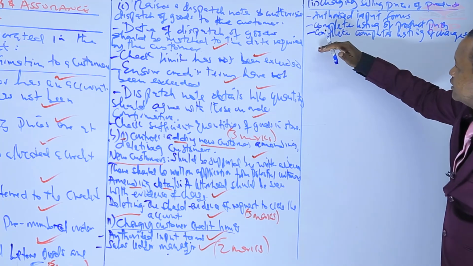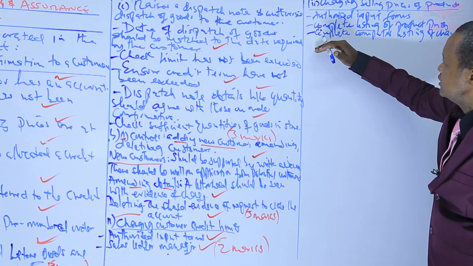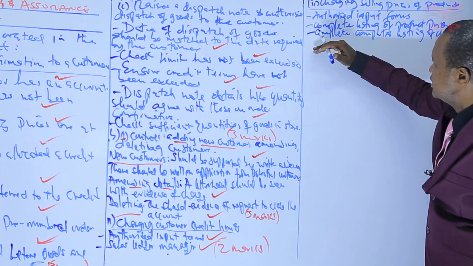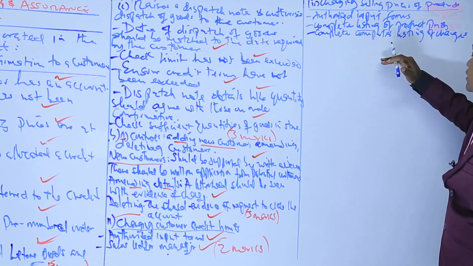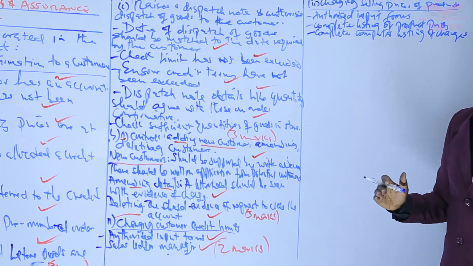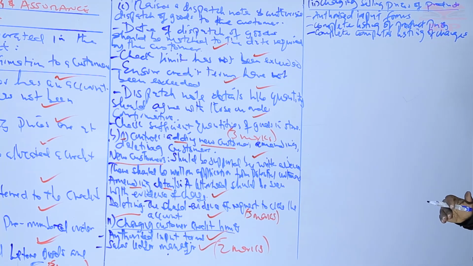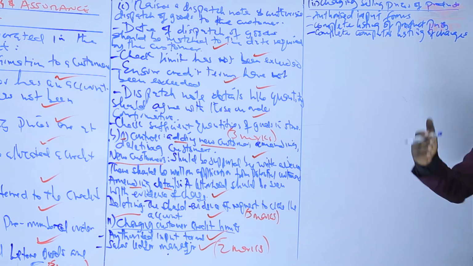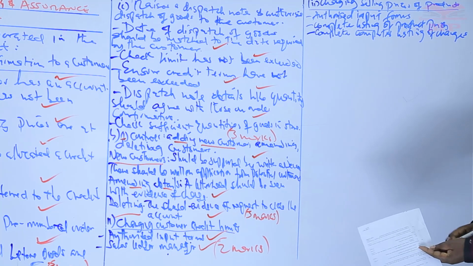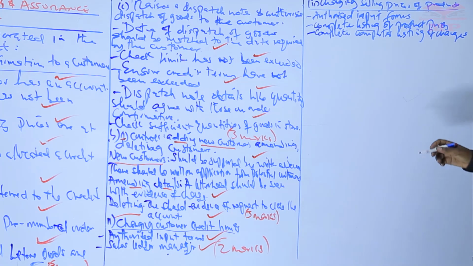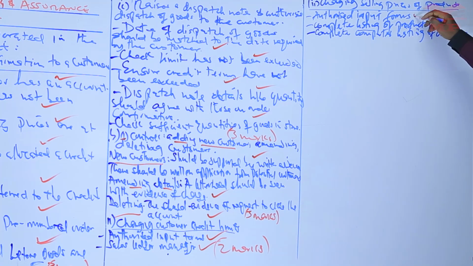So the third control here is that the sales manager should receive a complete computer listing of changes made plus an exception report showing products for which no amendments were made. So these are 3 controls, 1, 2, 3. 3 marks.